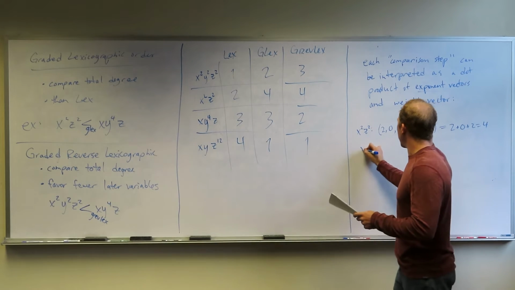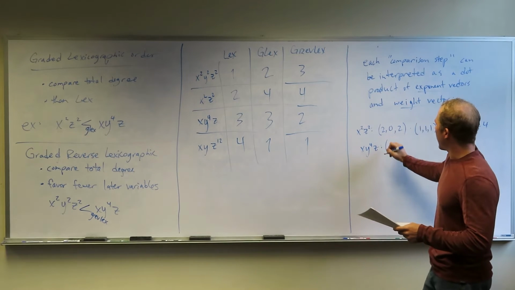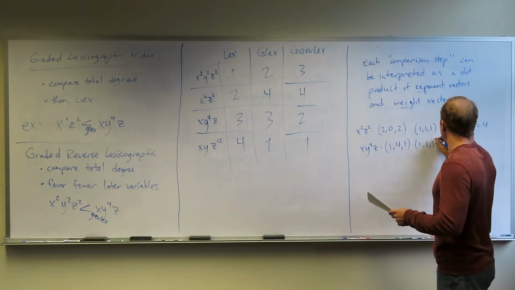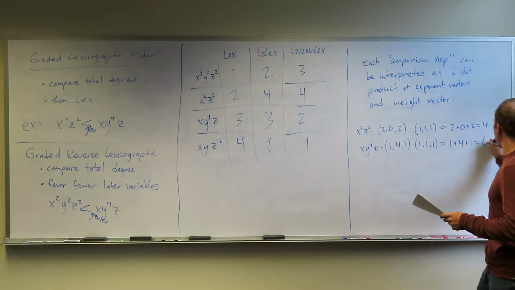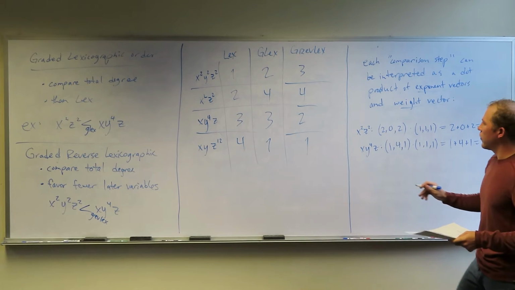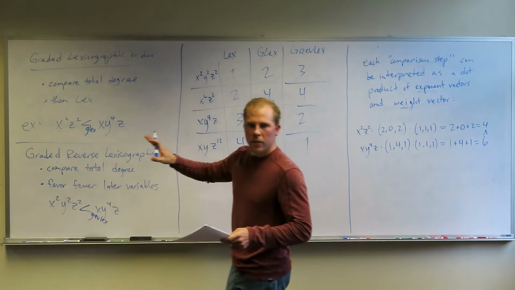And I can do the same thing with x, y to the fourth z, right? This thing's exponent vector is 1, 4, 1. I'm dotting it with the same weight vector, and I'll get 1 plus 4 plus 1, and that's 6. And so somehow, the 6 being bigger than the 4 is the reason that this one was favored.